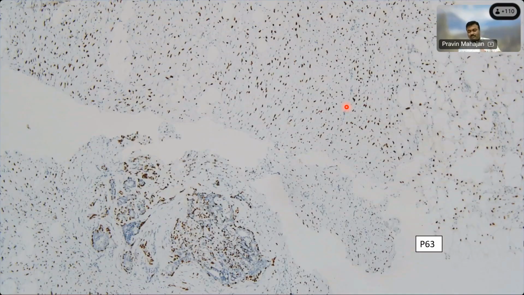So this proves that this is actually malignant, or rather epithelial only, and not something reactive like myofibroblast, which can also express CK with this much intensity. So just remember some exceptions in biology, or in pathology in particular. Okay, so P63 proves the point here, that it is indeed a metaplastic carcinoma.